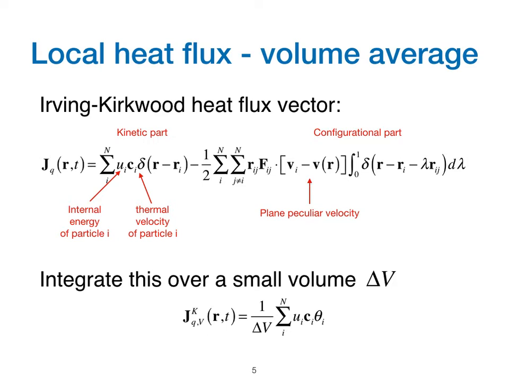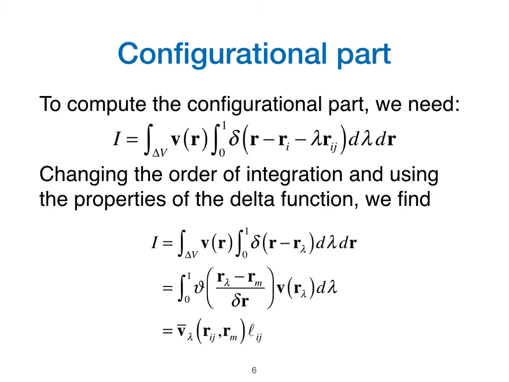For the kinetic term, integrating the delta function results in a selector function which is equal to 1 for particles that are inside the volume delta V, and equal to 0 for particles that are outside that volume. For the configurational part, we have to evaluate a slightly more complicated integral involving the delta function and the streaming velocity.